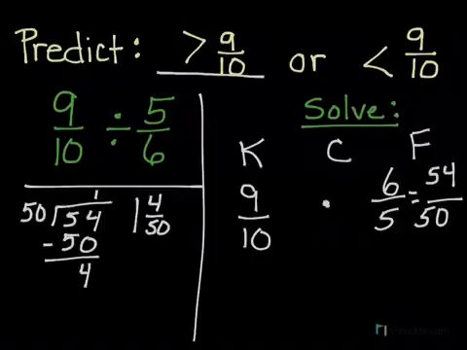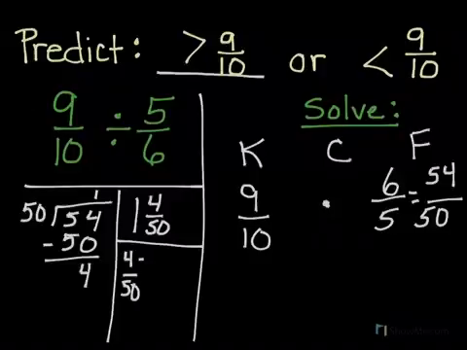I'm not done. 4 and 50 are both even. So I'm going to take those and divide by 2 since they're both even. Now I've got 2/25ths, and that is as reduced as I can get.